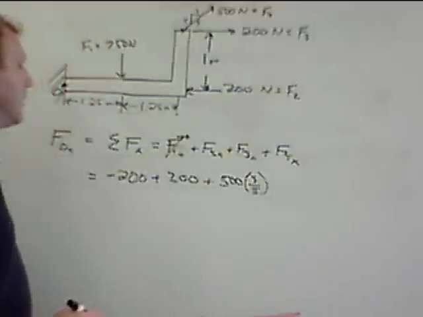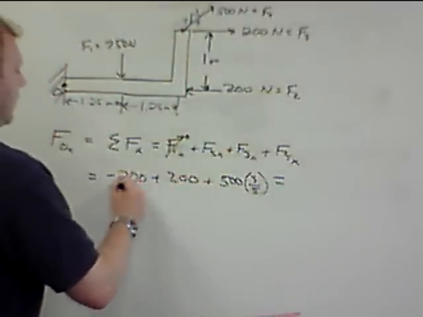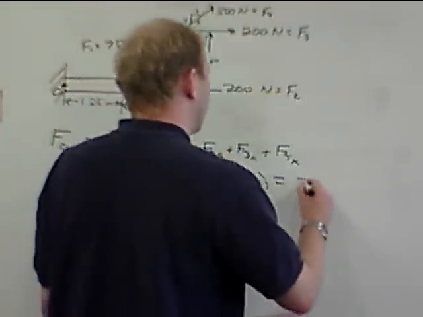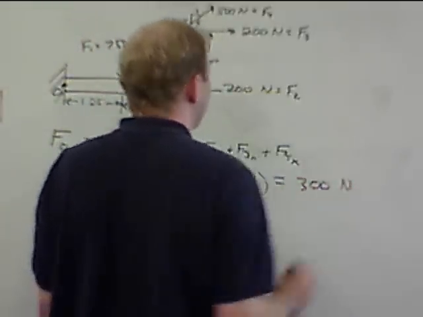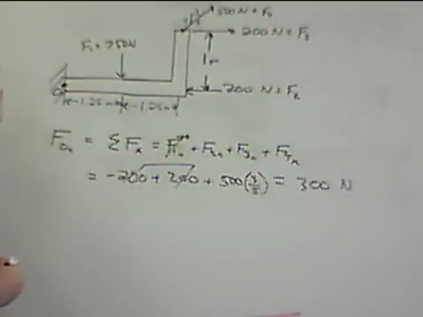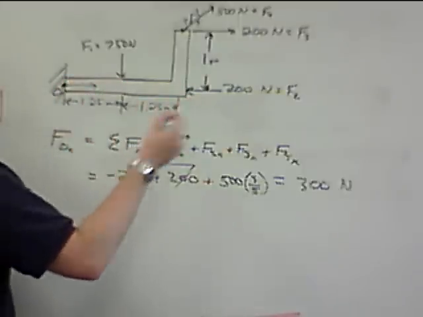So this equals 200, 200. These cancel. 500 times 3/5 is 300 newtons. So the x component of our replacement force, our equivalent force, is 300 newtons.